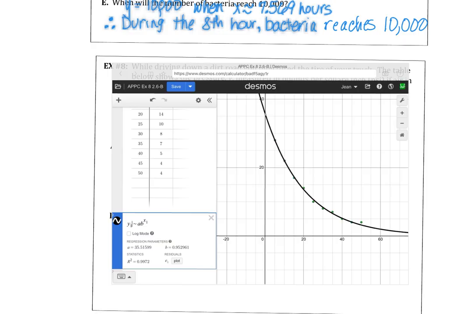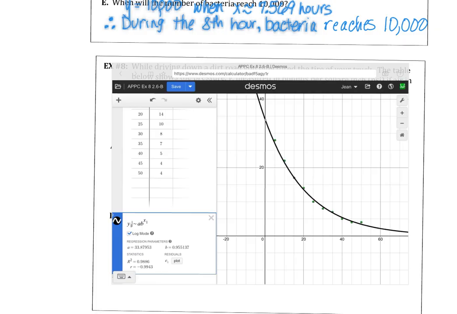Again, I'm going to check the log mode. So r squared here is 0.9972, and out of log mode is a little less efficient. Let's see. I guess my TI-84 calculator used the log mode.